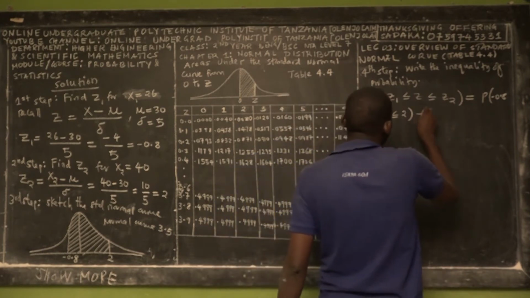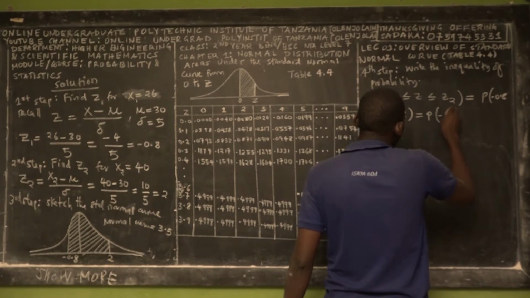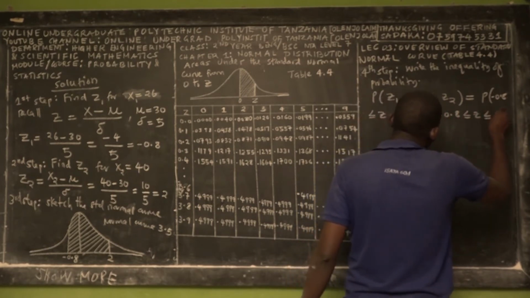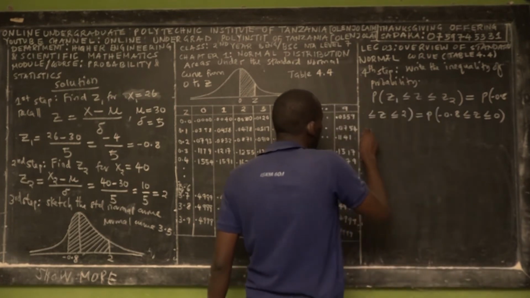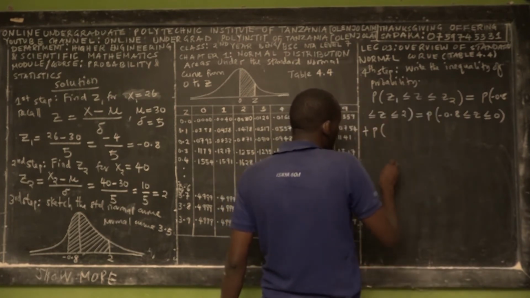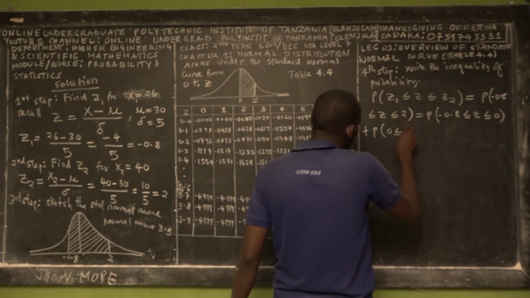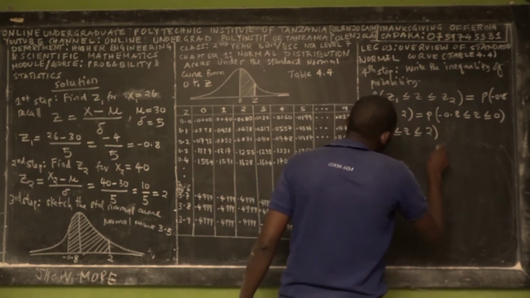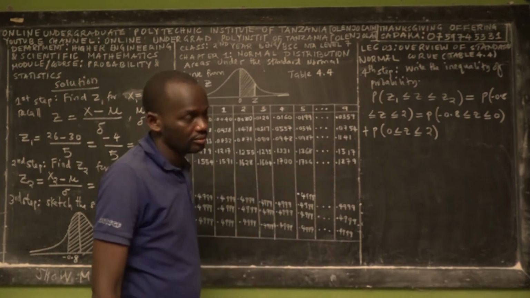And this one is equal to the probability from negative 0.8 less than or equal to Z less than or equal to 0, plus the probability from 0 less than or equal to Z less than or equal to 2. That's a fact.